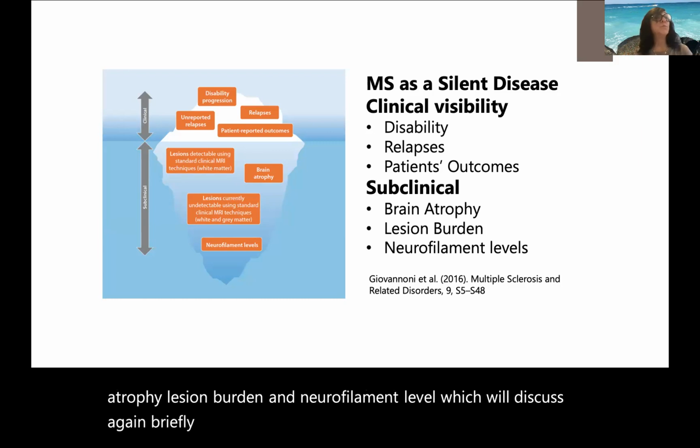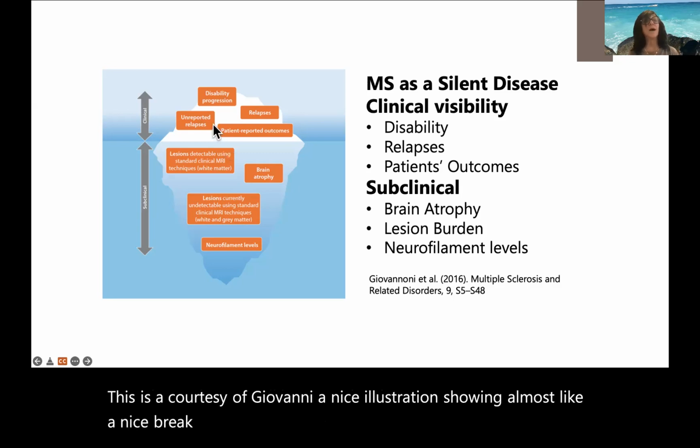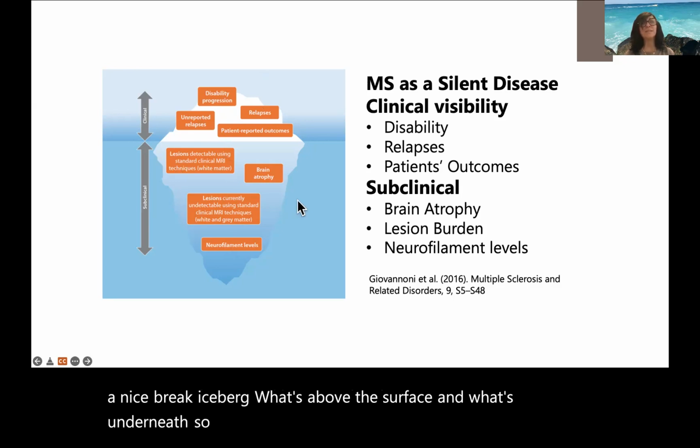There will be more details in my next talk. This is courtesy of Giovanni, a nice illustration showing almost like an iceberg, what's above the surface and what's underneath. So it looks quiescent and silent, but it's not a quiescent illness.